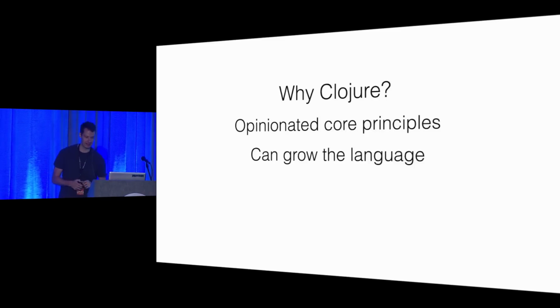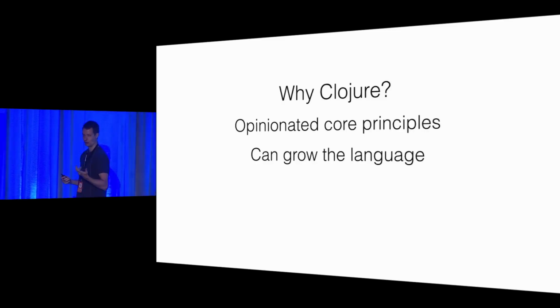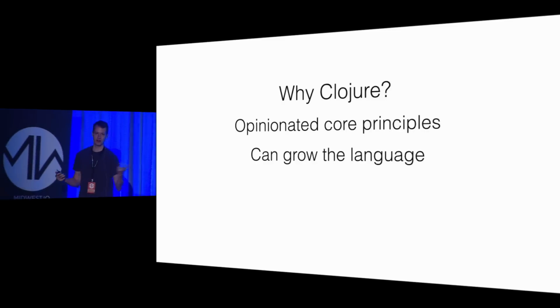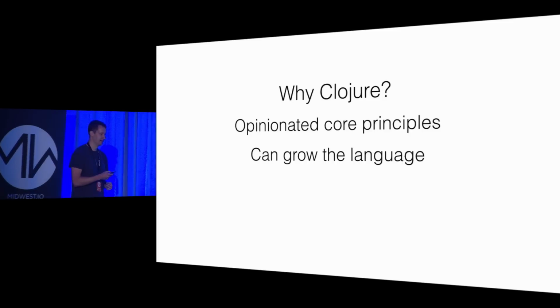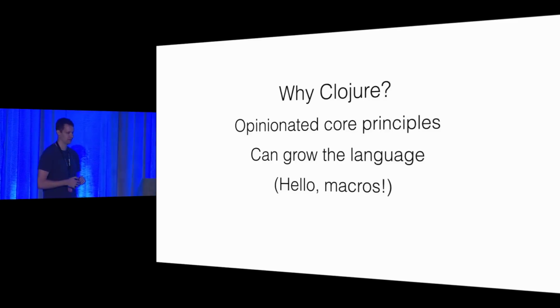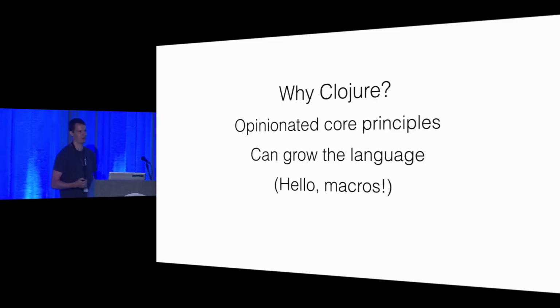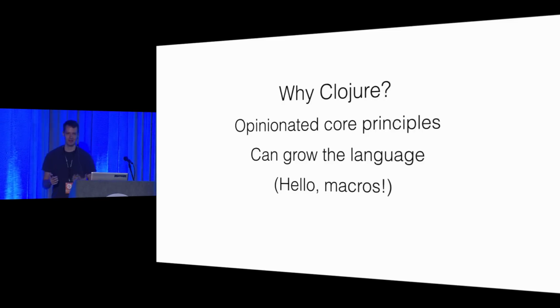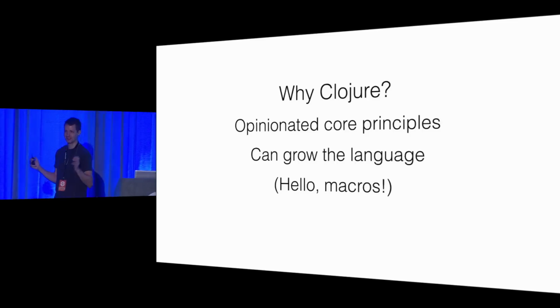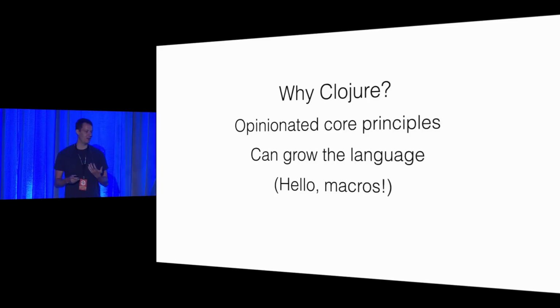The other piece is that, to refer to Guy Steele, you can grow the language by adding new control structures, by adding new constructs, and it's really with macros. Now, if you haven't used a Lisp or haven't written a lot of code extensively, macros can seem like a really daunting thing. But really, all macros are, at their core, is a really simple idea.